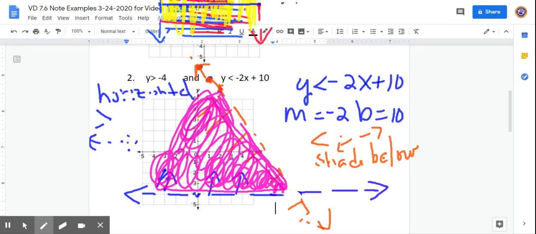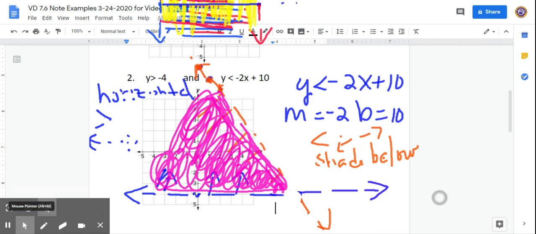It means all of these points in here satisfy those two inequalities. So that's your solution, okay? Not these points because they didn't overlap, all right? Good.